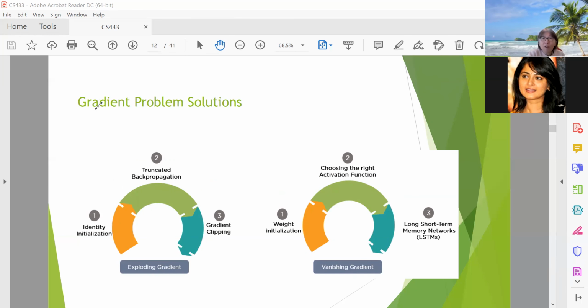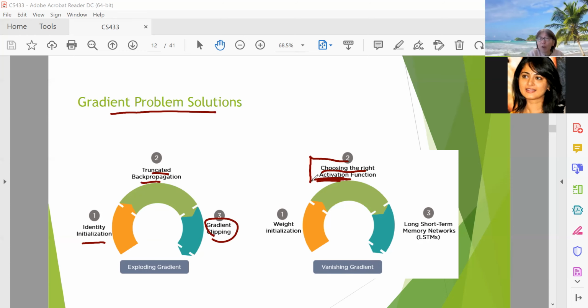For the gradient problem solutions, one is for vanishing and one is for exploding. For exploding, we can take identity initialization, truncated backpropagation, and gradient clipping. For the vanishing gradient problem, we can take weight initialization and choose the right activation function.